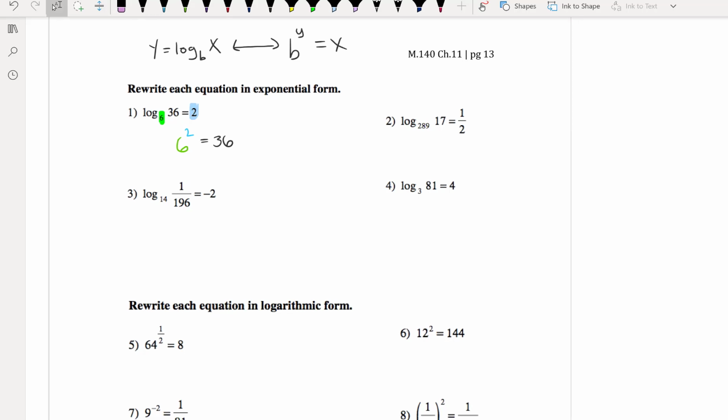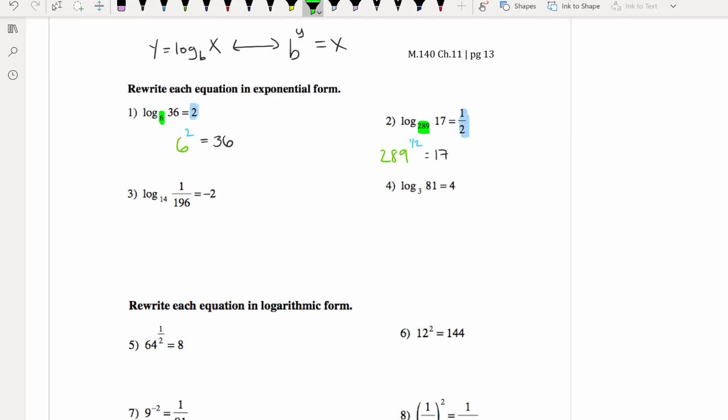Let's try that again. Let's circle all of my bases. I have my base 289, and my exponent is 1/2, and it's equal to 17.